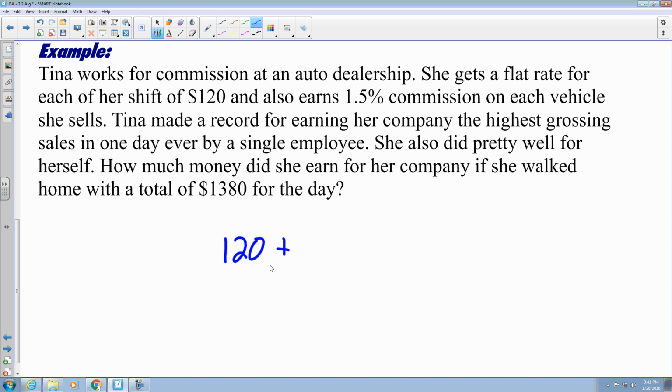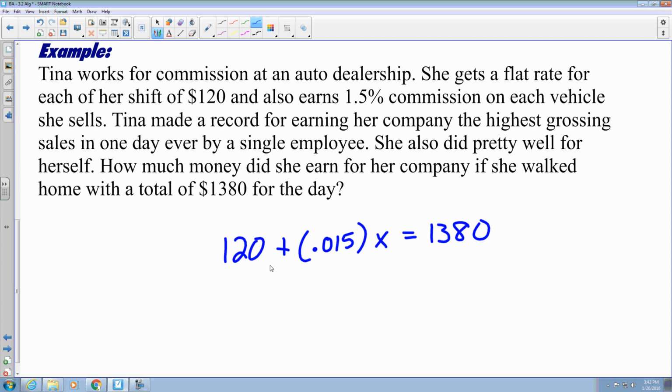So if we convert the percentage to a decimal, it's going to be 0.015 as a decimal, which is equivalent to 1.5%. And then we don't know how many cars she sold, so that's going to be the value for x. Well, actually, we don't know how much money she made from those cars she sold. I'm sorry. So that's going to be the value for x.